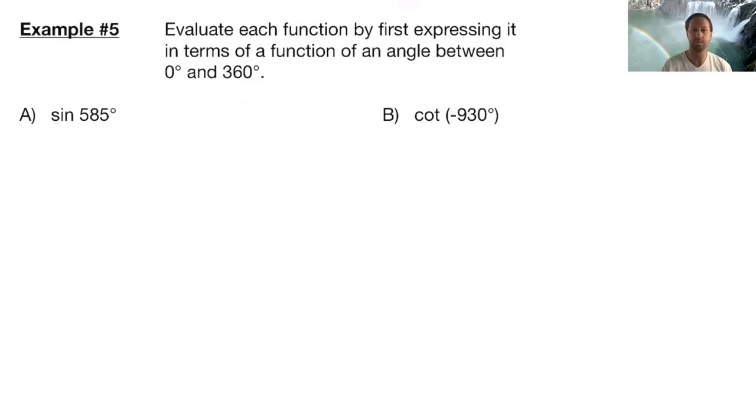All right, so example 5, we're almost done here. Bunch of different types of examples that I'd like to get through is I want you to evaluate this by first rewriting it with that coterminal angle, and then hopefully you will be left with a nice reference angle like a 30, 45, or 60, and then evaluate for sine and cotangent.